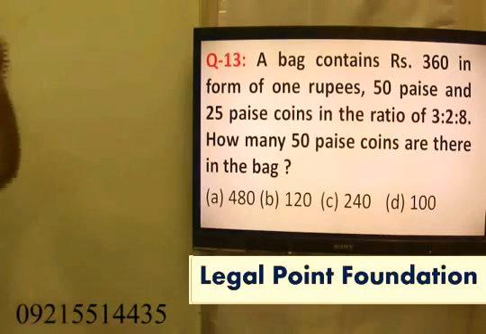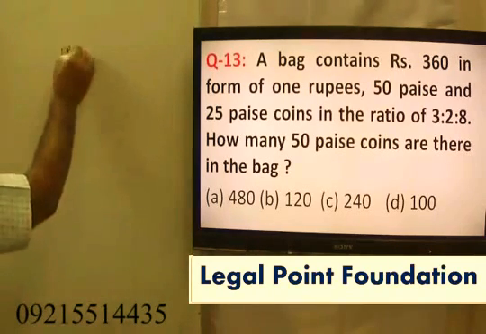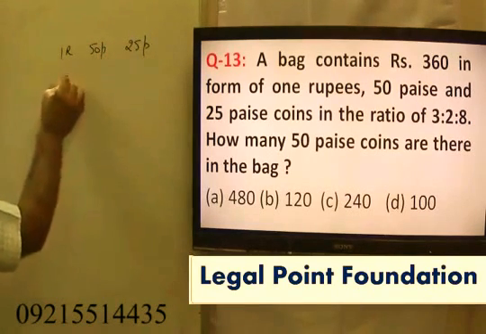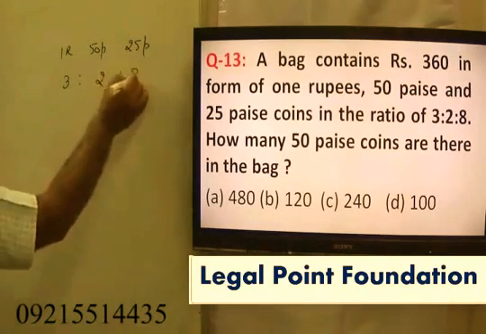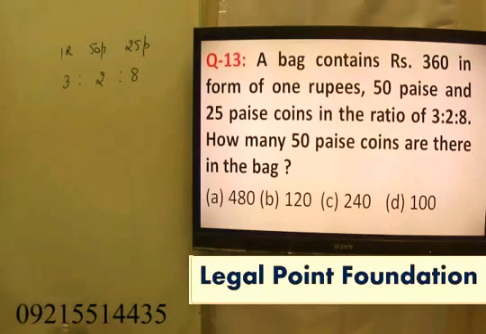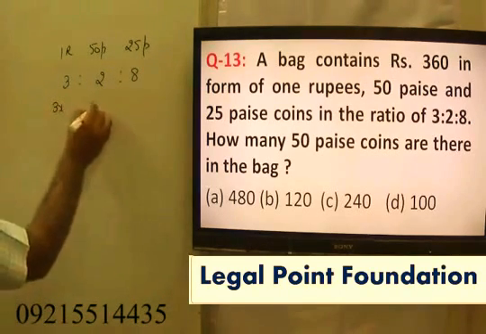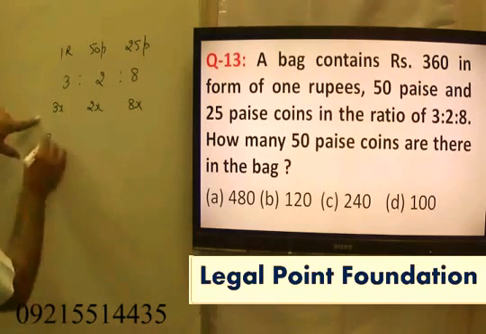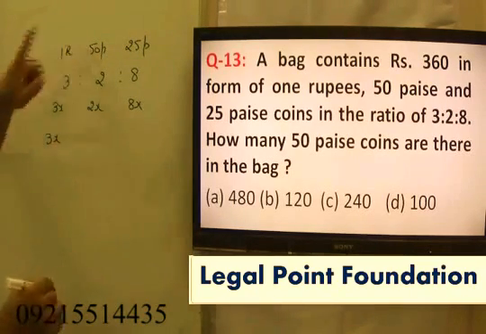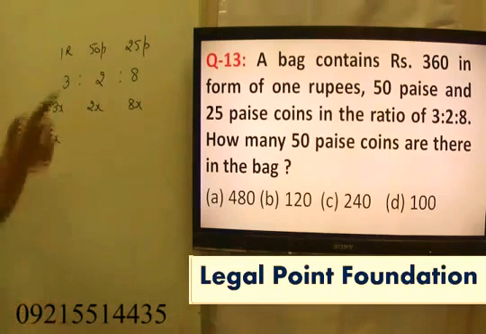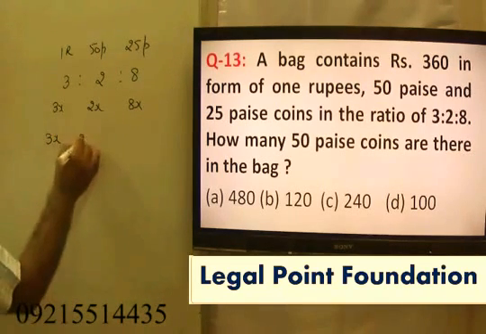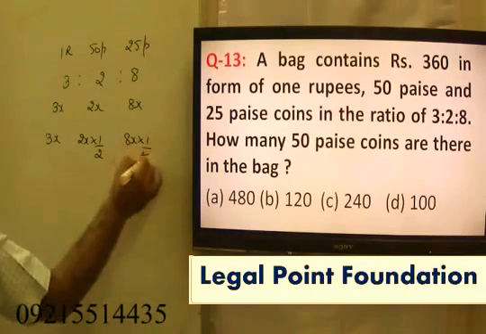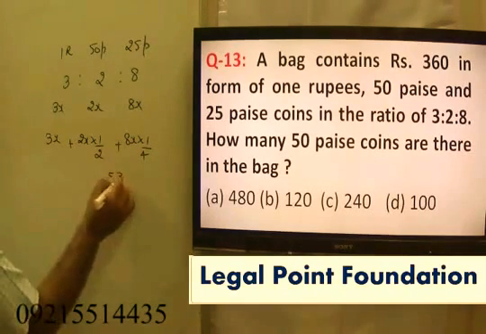A bag contains 360 rupees in the form of 1 rupee, 50 paisa and 25 paisa coins. That is provided, and the coins are in the ratio 3:2:8. Okay, so let us say the number of coins are 3x, 2x and 8x. When we take their values, the 1 rupee coin has value 1 rupee, 1 into 3x. 50 paisa, convert into rupees, is 1/2, so 2x into 1/2. 25 paisa converted into rupees is 1/4. Add them, total money you have is 360.